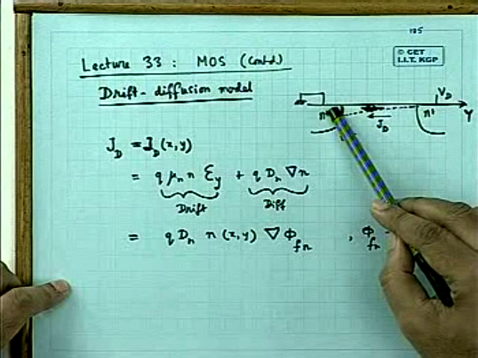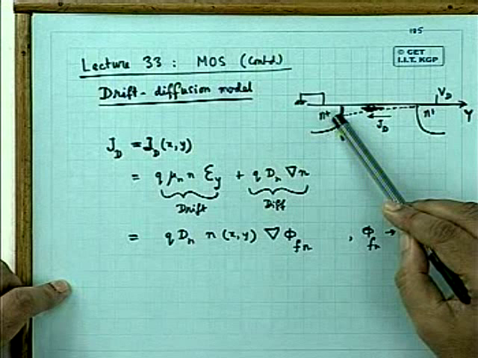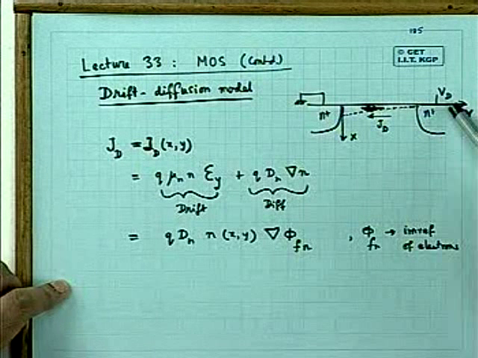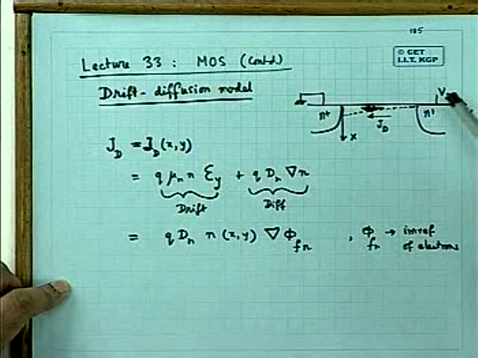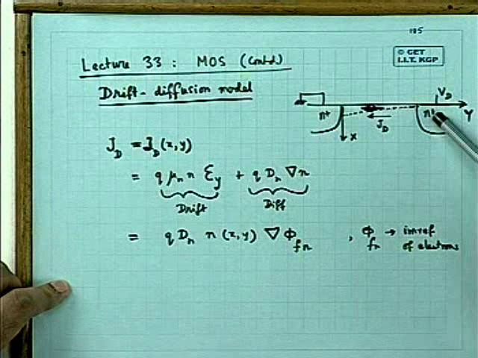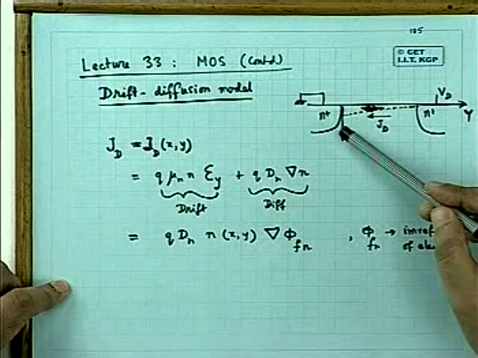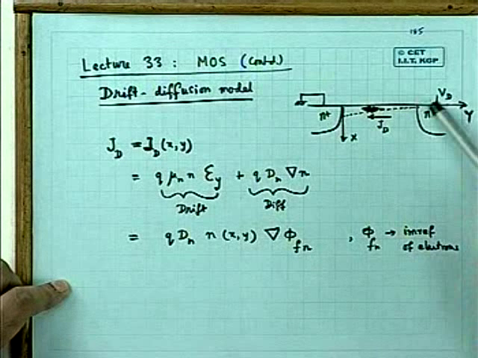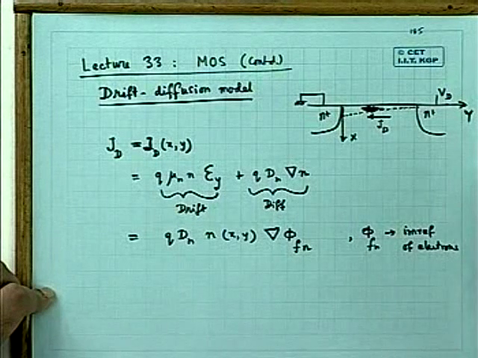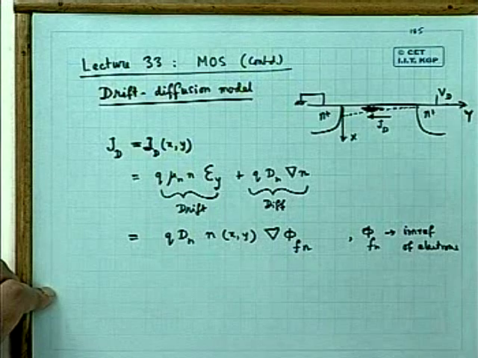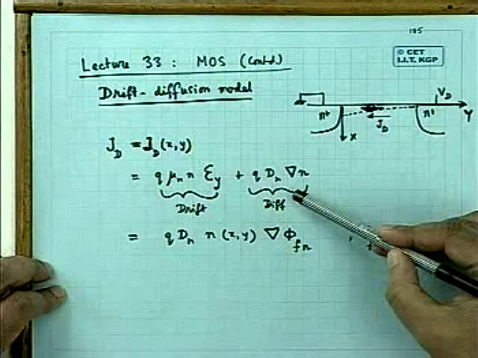So the carriers injected from the source and forming the inversion layer will move by the field induced by the drain voltage, and also partly due to the diffusion of carriers from the source towards the drain, because the source end will have higher concentration of electrons in the inversion layer compared to the drain end. Therefore, there will be diffusion. Therefore, for a more accurate description of the current in a MOSFET, we should also consider the diffusion component.